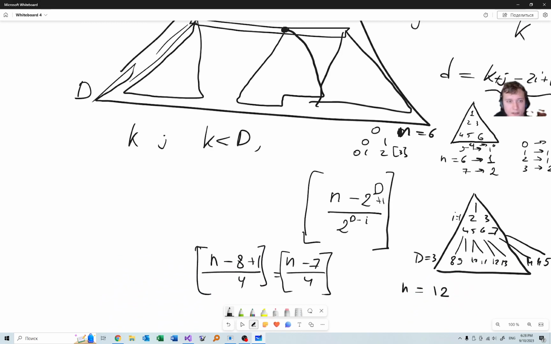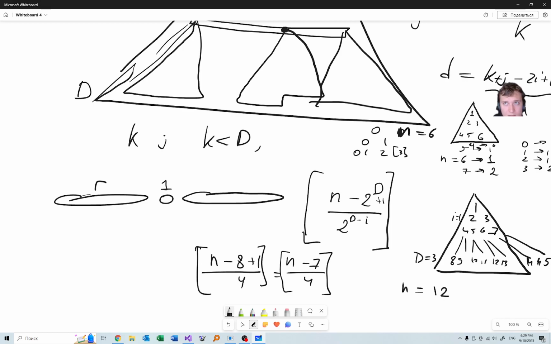So we have R vertices which are fine, then one vertex where there are problems, and then again 2 to the ith minus 1 minus r, where there is everything fine, but there are only d minus 1 instead of d. Okay.